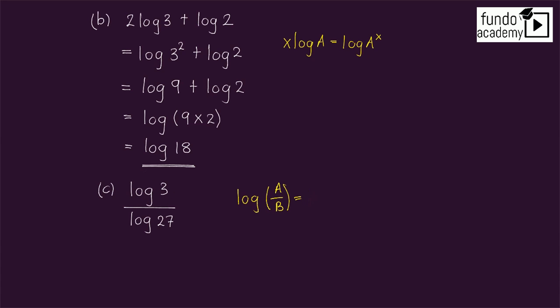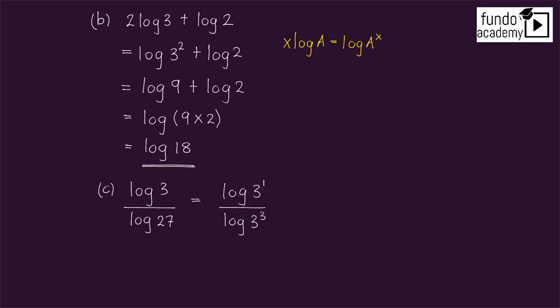Alright, so let's see how we work this one out. With log 3 divided by log 27, what we do here is we express the numbers in the logarithms to have the same base, if that's possible. 27 can be expressed with base 3, where it becomes 3 to the power of 3.